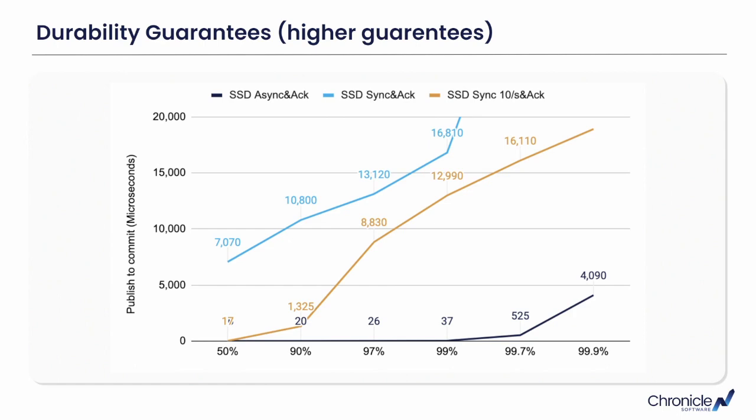With spinning disk, that was pretty high and quite bad, but with a decent enterprise SSD, which is what is being tested here, you can get that down to about 7 milliseconds, 7,000 microseconds typical, and a 99th percentile of just under 17 milliseconds. And if that's enough for you, then that's the best guarantee you can pretty much get anyway. So that's going to be fine.